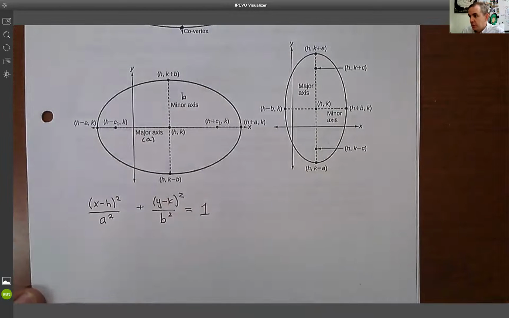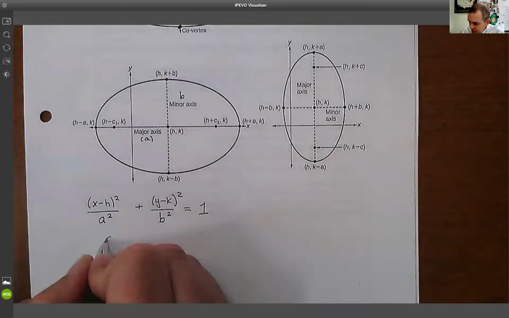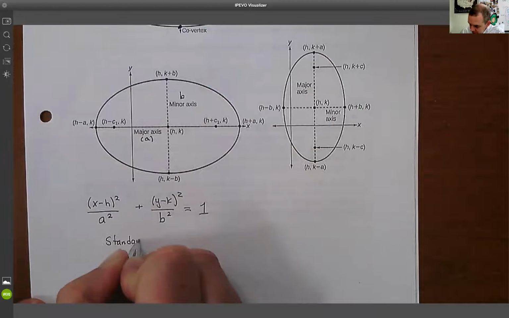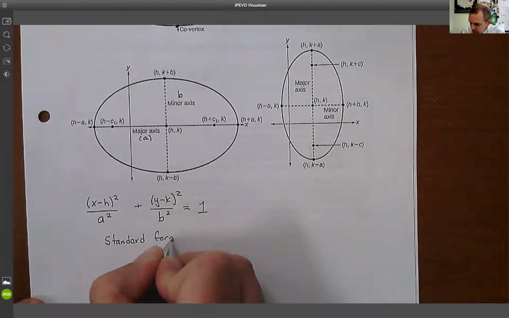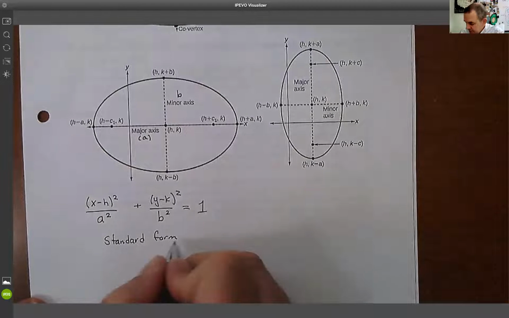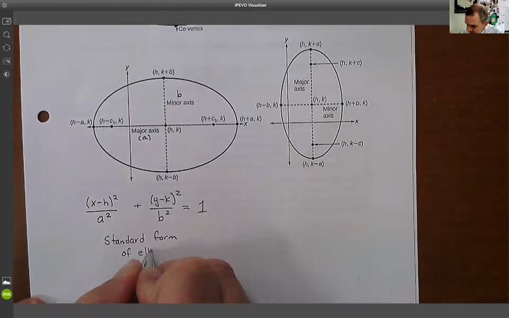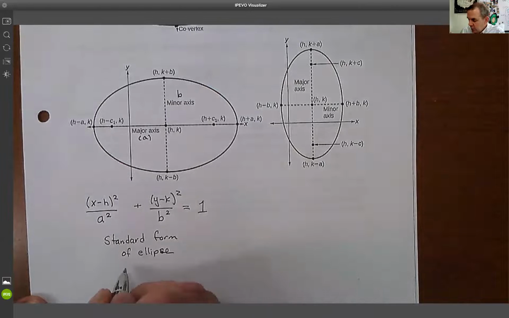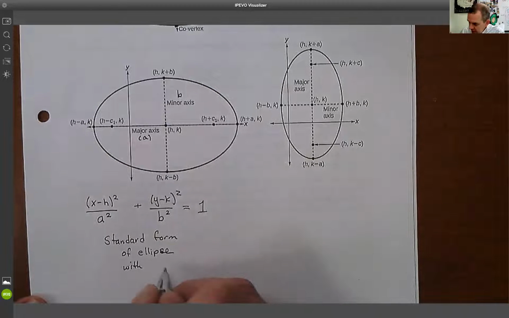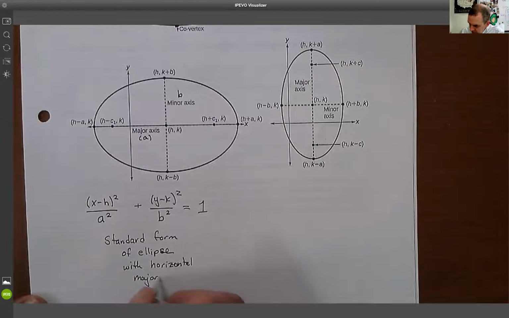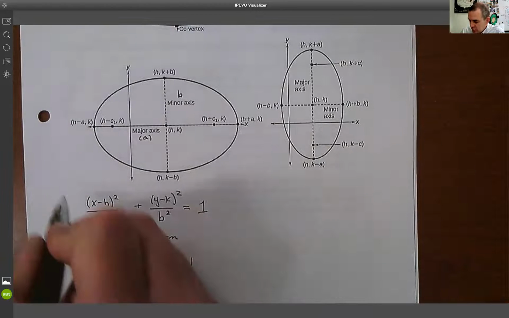And this one is always going to equal 1. So this is the standard form of an ellipse with a horizontal major axis. Okay, so that's our first one, one version of it.